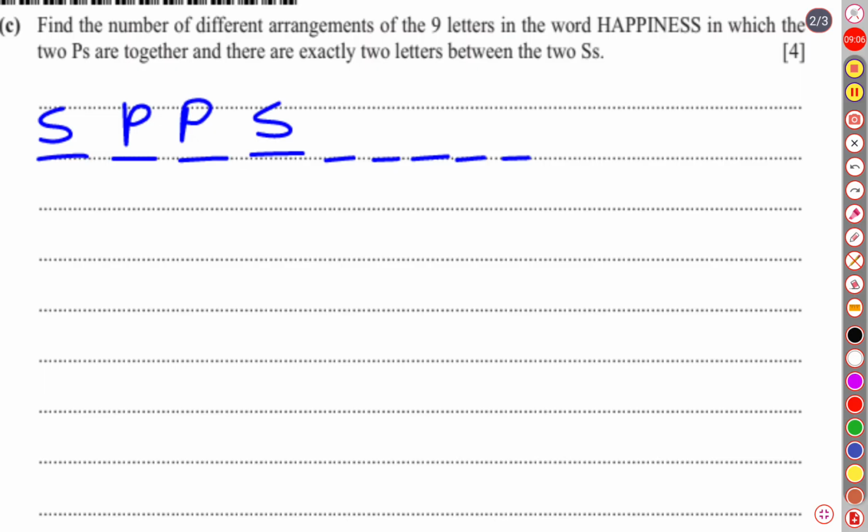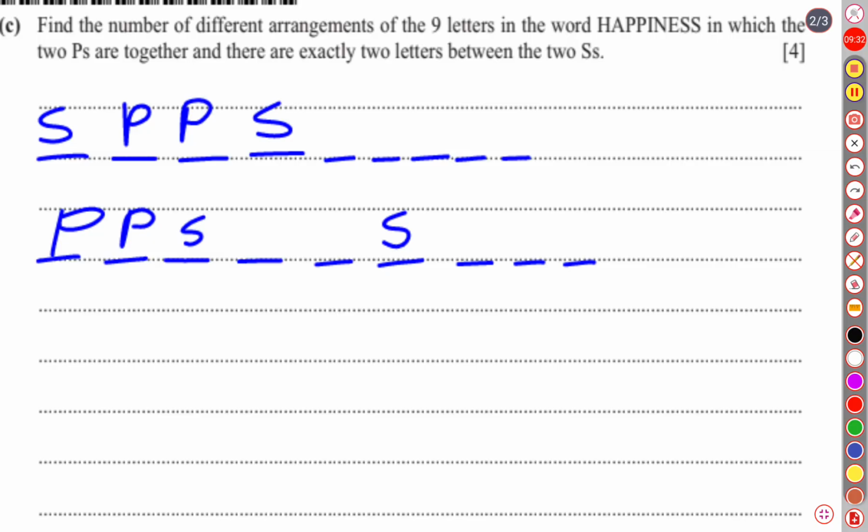What is the next scenario when P's are outside? 1 2 P's and S 1 2, and there will be another S, and the remaining letters are total 1 2 3 4 5 6 went away and there remains 3.